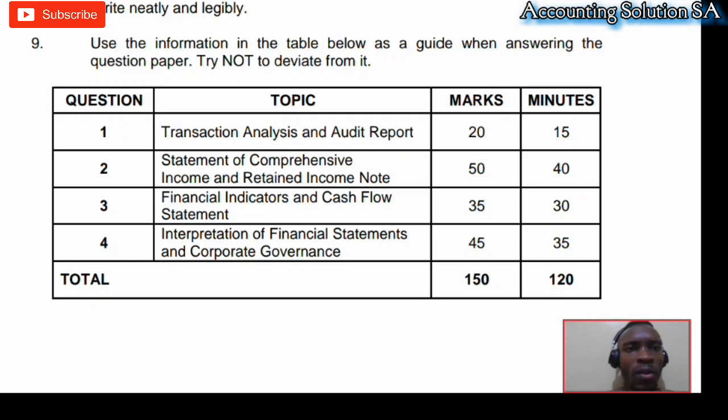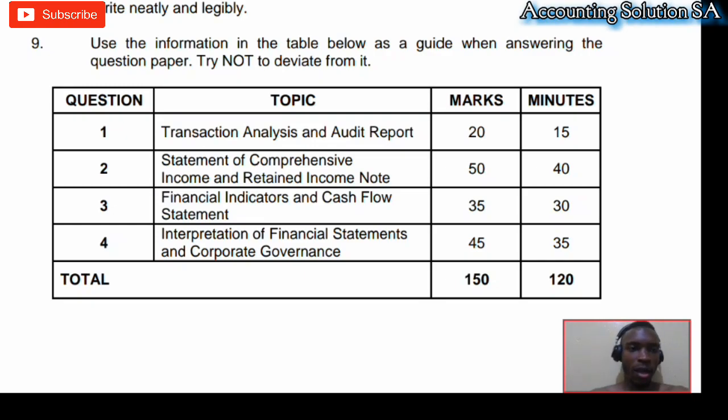Okay, then number 2 is the statement of comprehensive income and retained income note. It's 50 marks. Remember, theory and transaction analysis is only 20 marks. So guys, this is a structure that you have to know, and you also have to know that the audit report will never come with 50 marks.